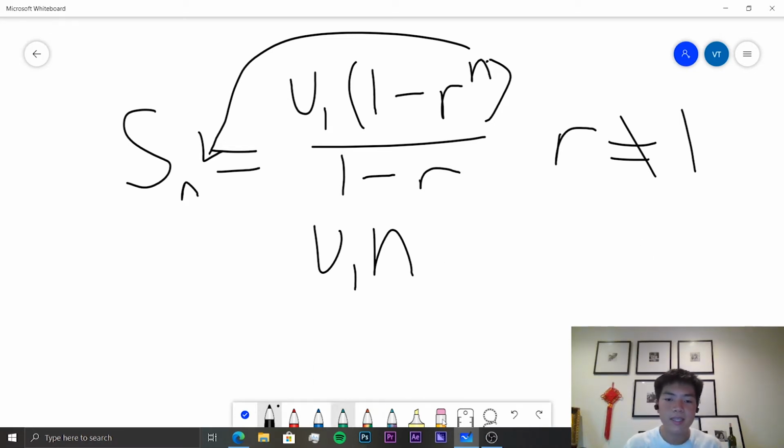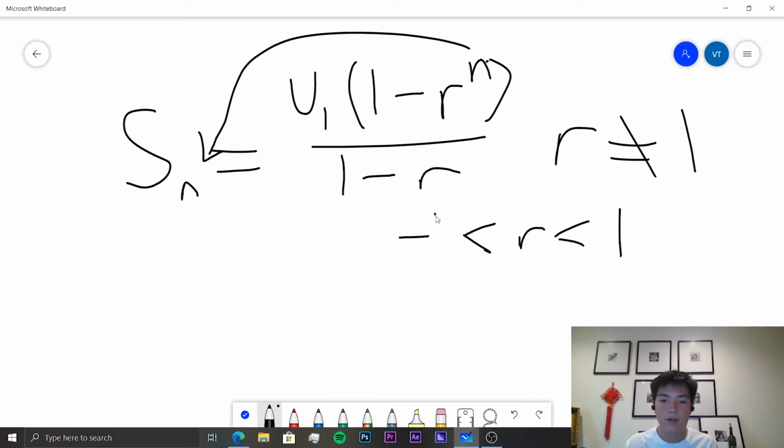Okay, but the thing is, this only works for a finite geometric series, right? Because if we set n to infinity, there's no way we can calculate this. But there is actually a way to calculate the sum of an infinite geometric series as long as r is between 1 and negative 1.